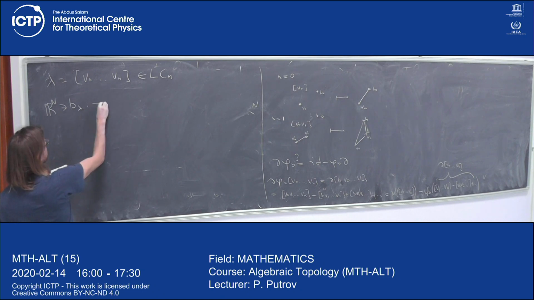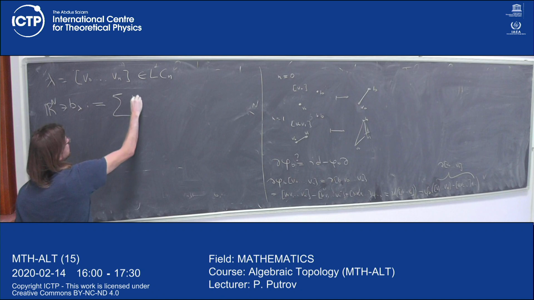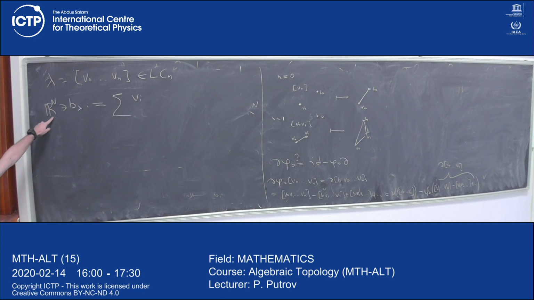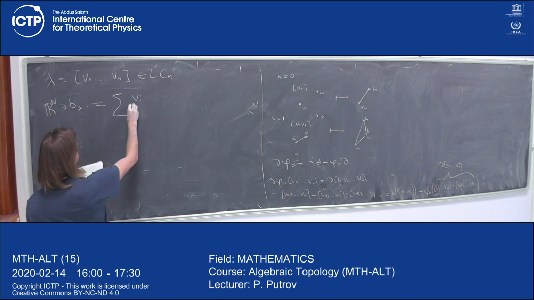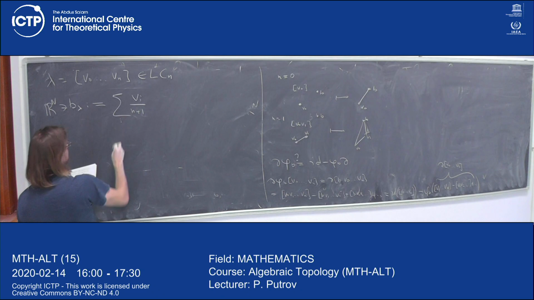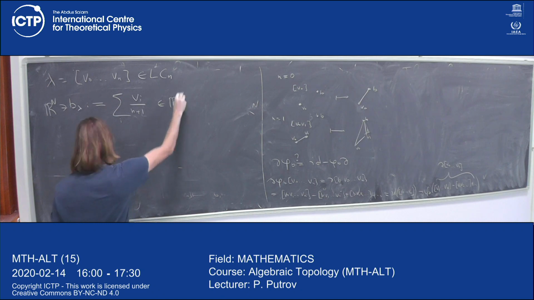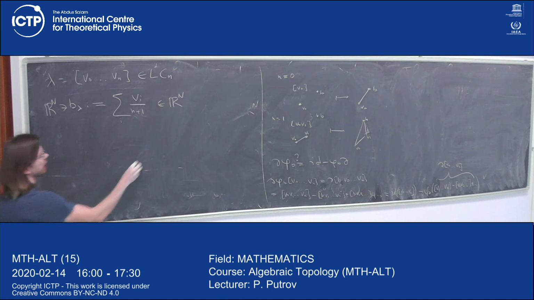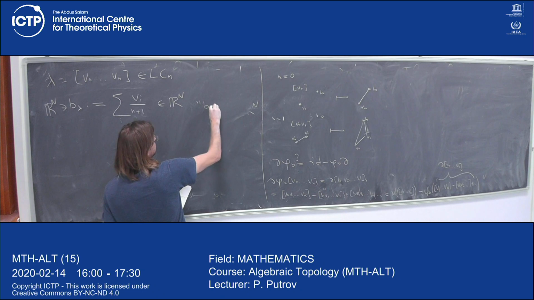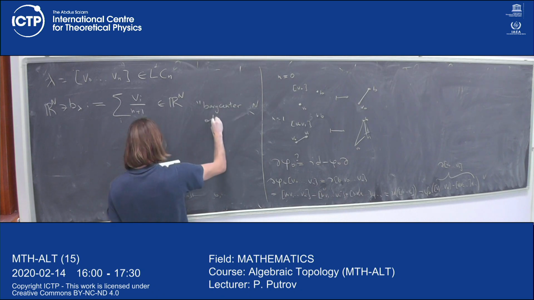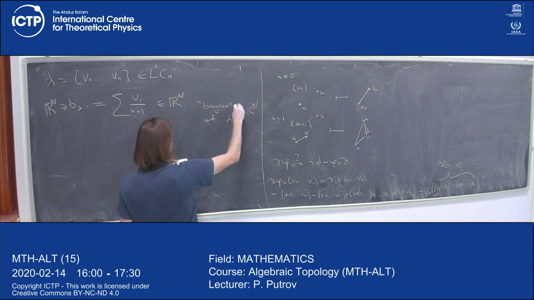I define it by taking the following sum: understanding each vertex as an element of Rn as a vector space, I divide by n plus 1 and take a sum over all vertices. This still gives me a point in Rn, which is the barycenter of lambda.